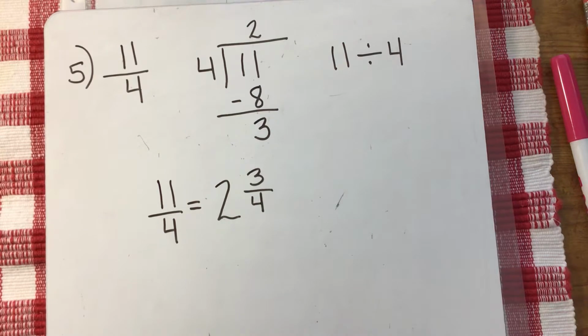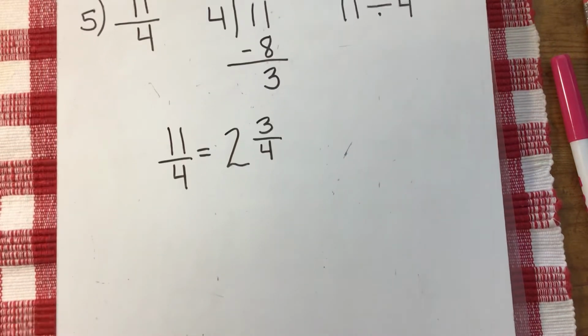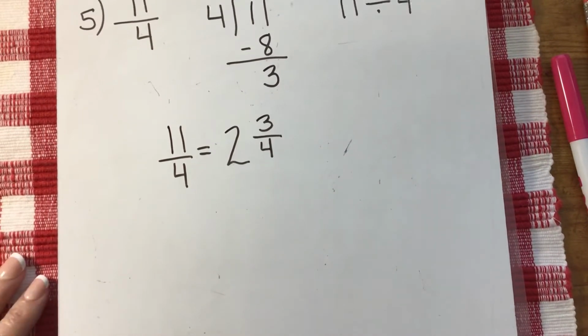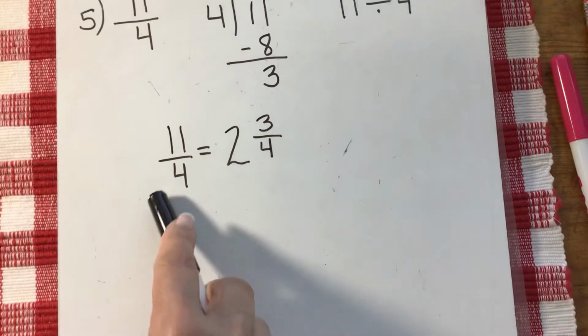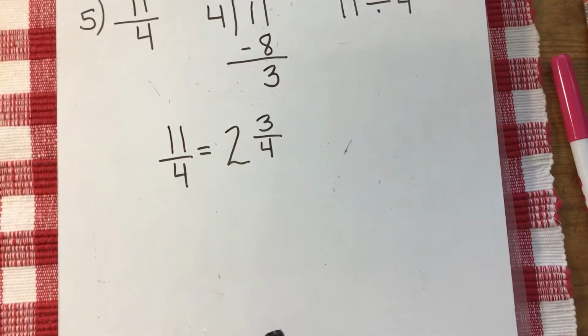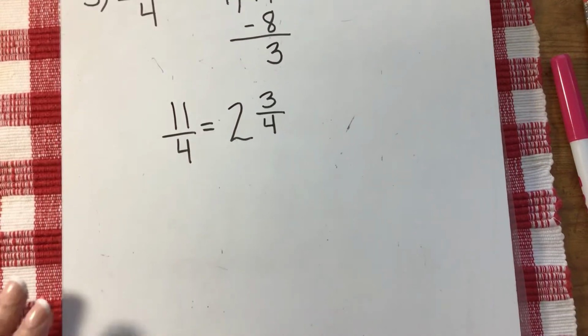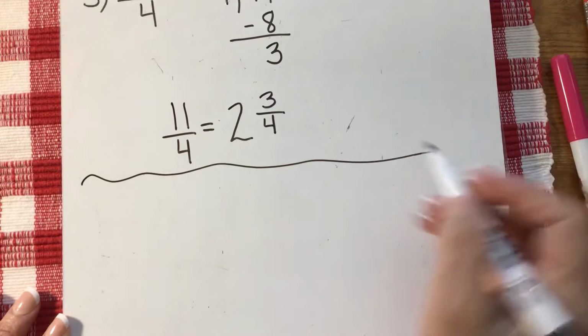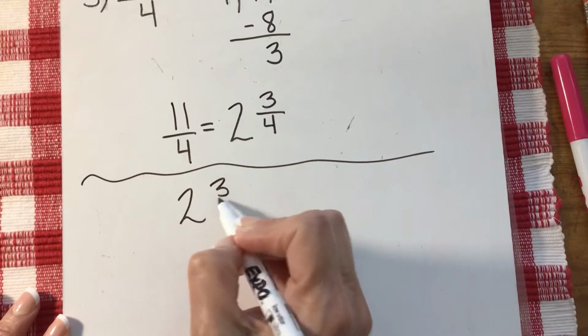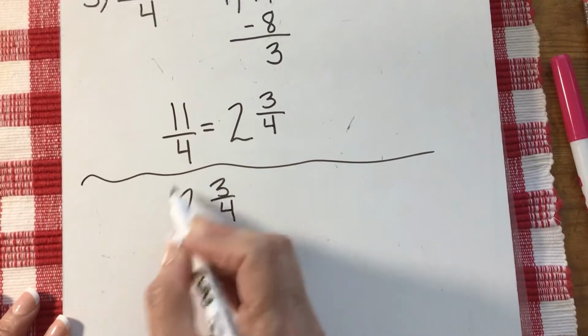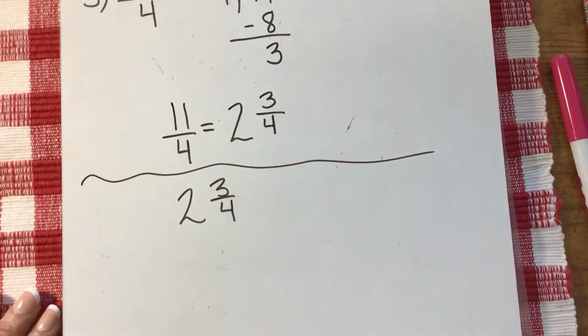Let me show you something. This is pretty cool. Okay, what I'm telling you is 11/4 is equivalent to 2 3/4. Well, I'm sorry, these don't look anything like each other. Well, yeah, the 4 is the same, but everything else doesn't look like each other at all. Let's work backward. You already know how to solve changing a mixed number to an improper fraction.